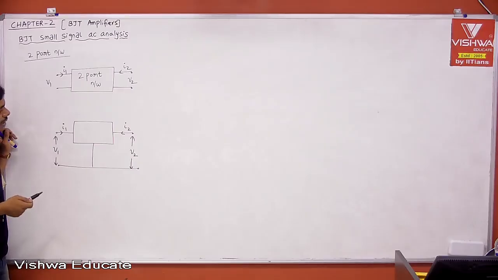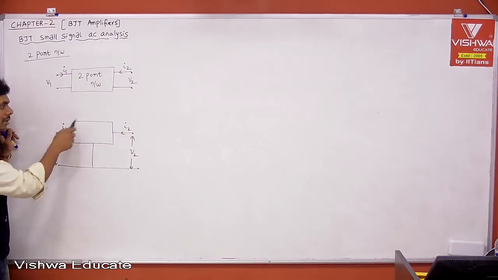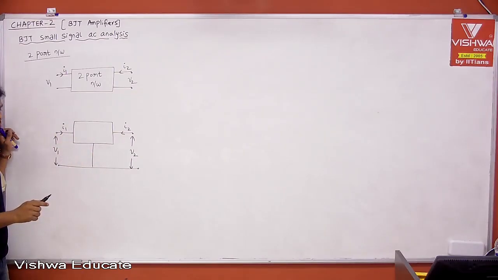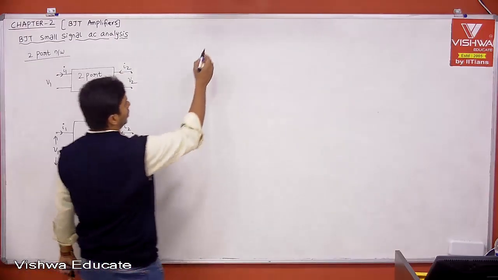There are many combinations, but I want two variables. We have four variables here. I want two variables to define a ratio, whether it is V1 by I1, I1 by I2, I1 by V2, whatever it may be.